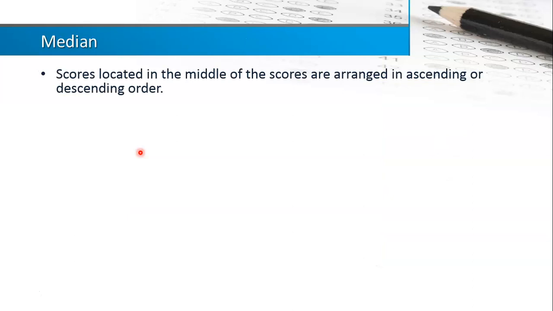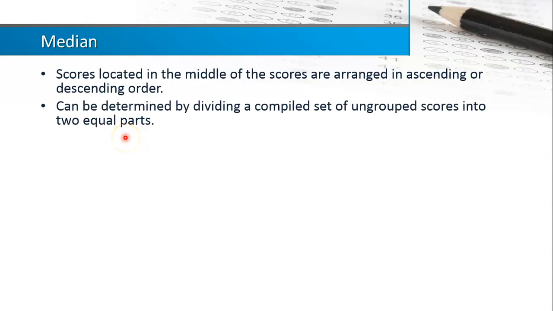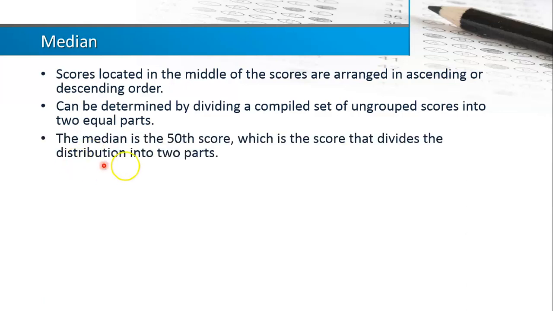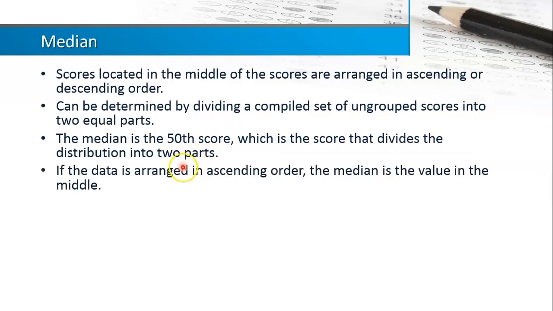For median, the median is the score located in the middle of a set of scores arranged in ascending or descending order. It can be determined by dividing a compiled set of ungrouped scores into two equal parts. The median is actually the 50th percent score, which divides the distribution into two parts.